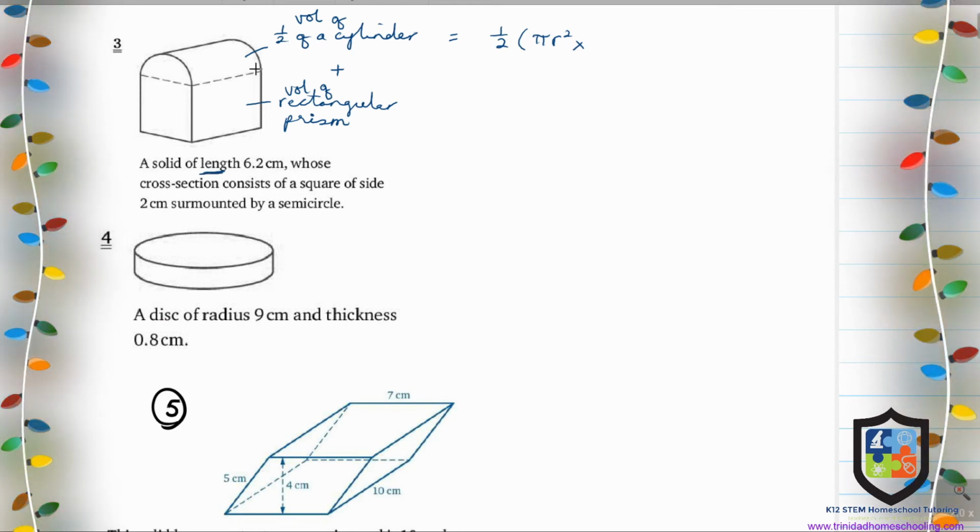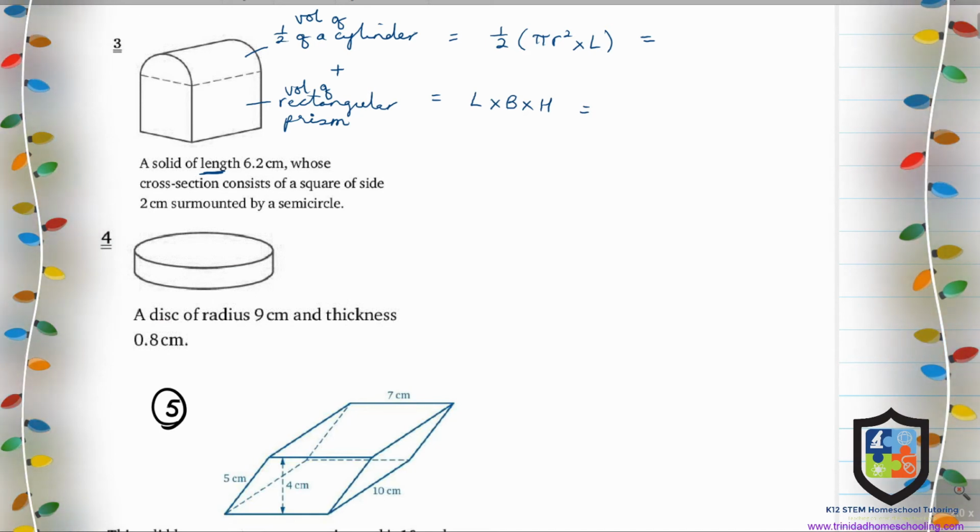A length, because it's one of these cylinders that's lying down. So we have a length. And then we're going to add that value that we find to the volume of a rectangular prism, which we know is length by breadth or width by height.